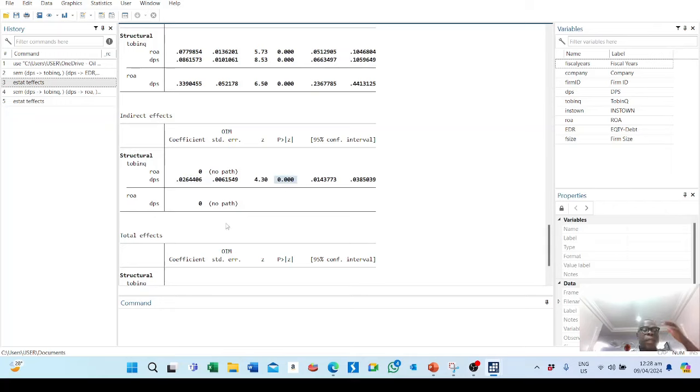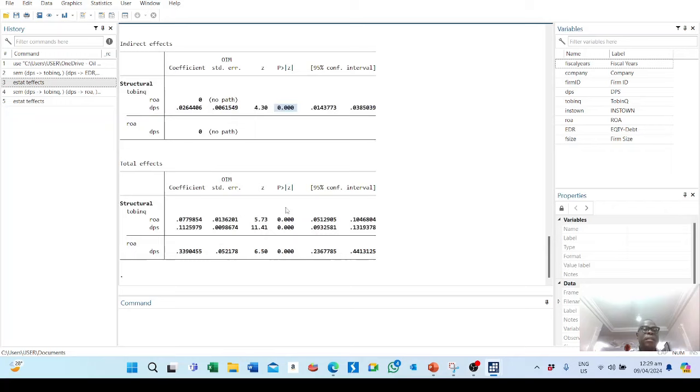So we can conclude that ROA is able to mediate the relationship between dividend per share and Tobin's Q in a positive and highly significant manner. That is, ROA is playing that positive and highly significant indirect effect on the relationship between dividend per share and Tobin's Q. So that is the indirect effect.